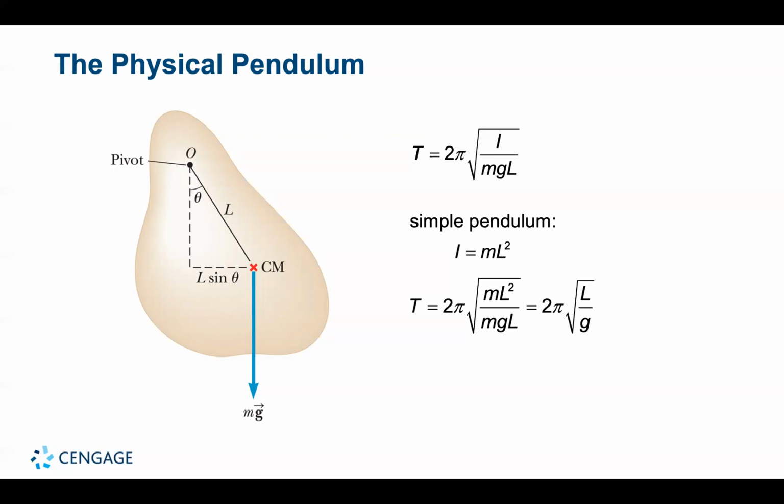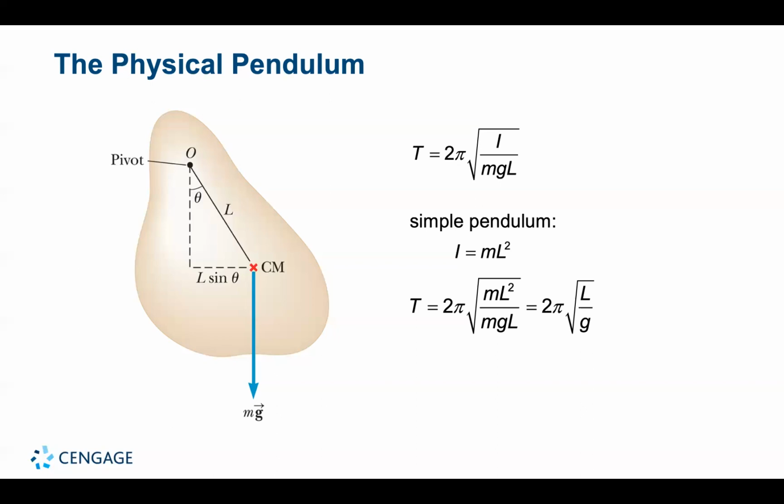In the figure, a rigid object is pivoted at point O, which is a distance L from the object's center of mass. The center of mass oscillates along a circular arc, just as a simple pendulum. The period of a physical pendulum is given by the expression shown here, where I is the object's moment of inertia and M is the object's mass.